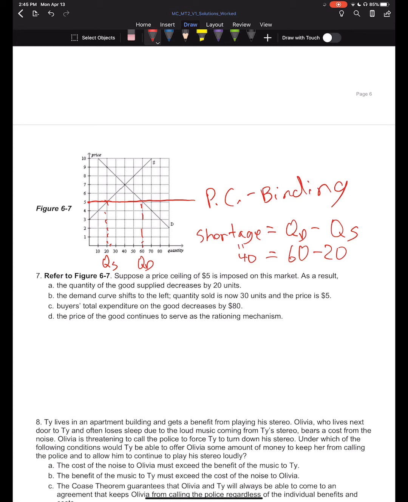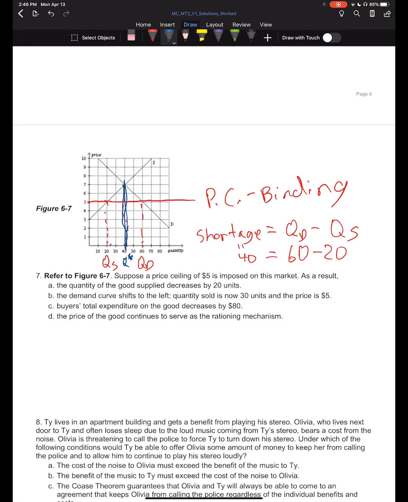Okay. Great. So as a result, the quantity of the good supplied decreases by 20 units. Well, we didn't find that yet, so let's see what our previous supply was at equilibrium. At equilibrium, we had a Q star of 40.